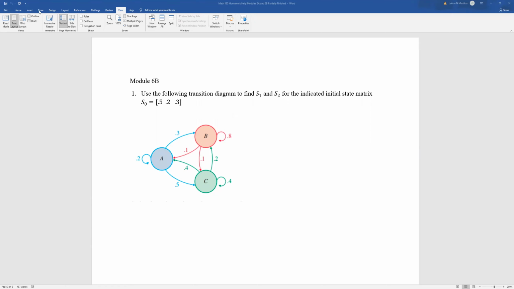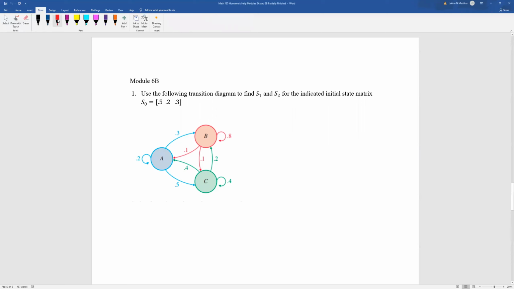Okay, so I'm going to get my pen and let's talk about what that looks like. We usually call that P, and I'm going to make a note like the textbook does. The letters on the side, A, B, and C, are the stage we're currently in, and the ones on top, A, B, C, are where we're going.